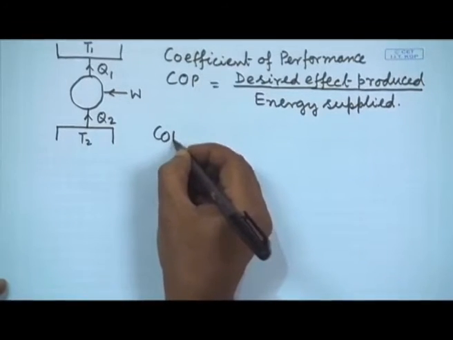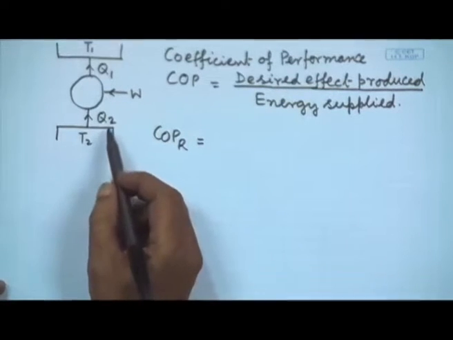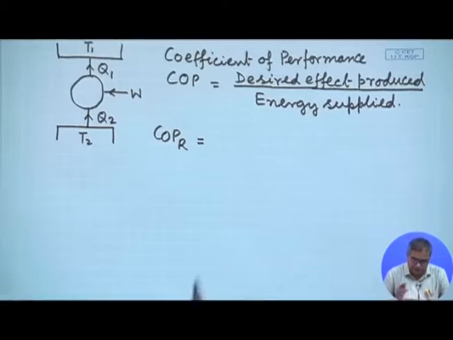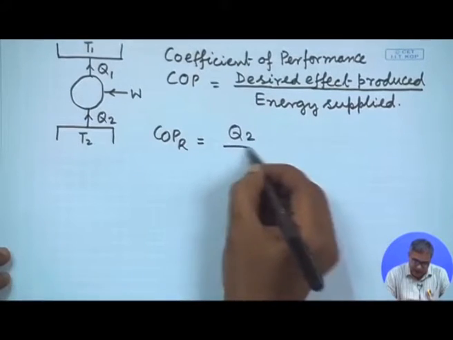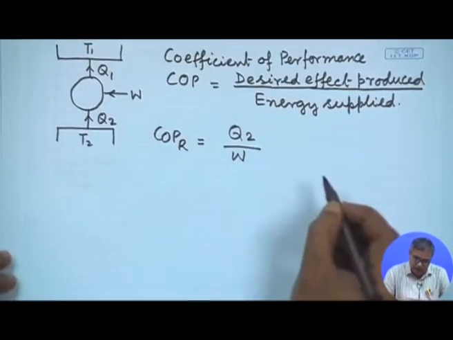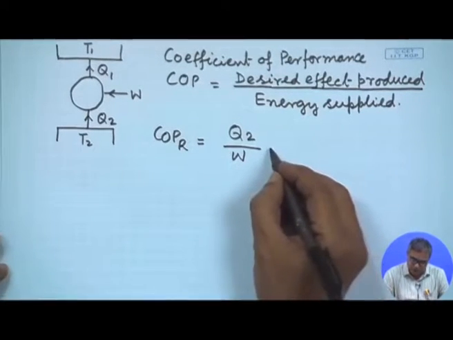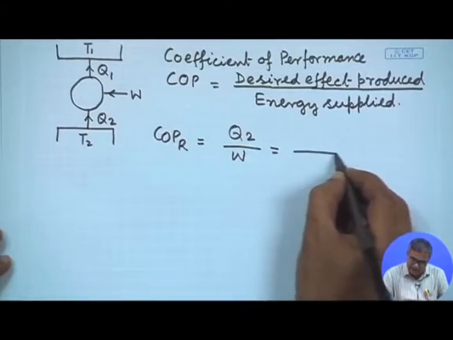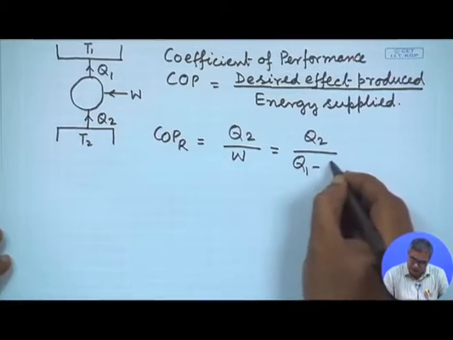Now, if we are thinking of a refrigerator, COP of refrigerator, then our focus is the amount of heat we are extracting from the low temperature body. So, this will be Q2, that is the desired effect, and W is the energy which we pay for and supply to run this device. So, it is Q2 by W, and from the first law we can write W as Q1 minus Q2.